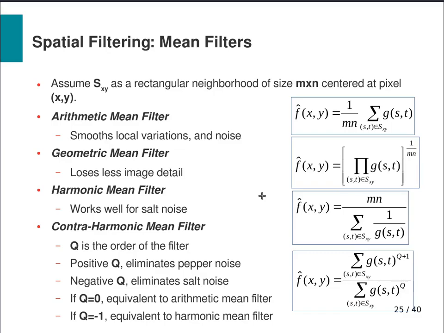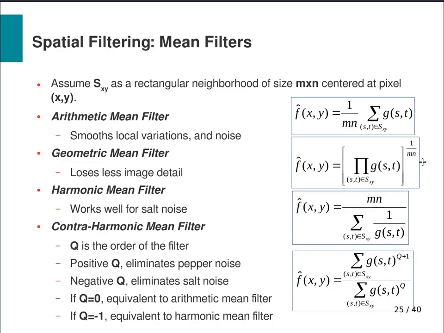A little bit more advanced mean filter is the geometric mean filter, in which to calculate the new value for the center pixel, you first calculate the multiplication of all the pixels in the neighborhood, and then you take it to the power 1 over mn. Basically mn is the size of the neighborhood.